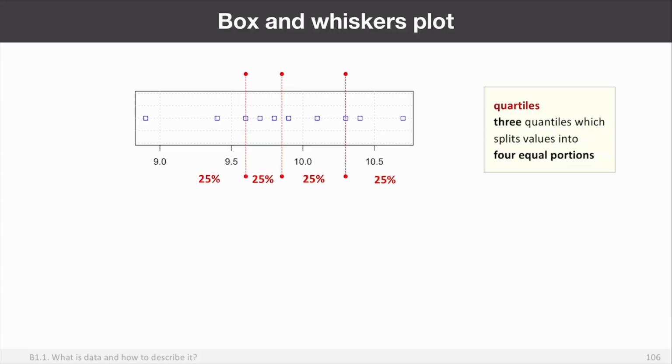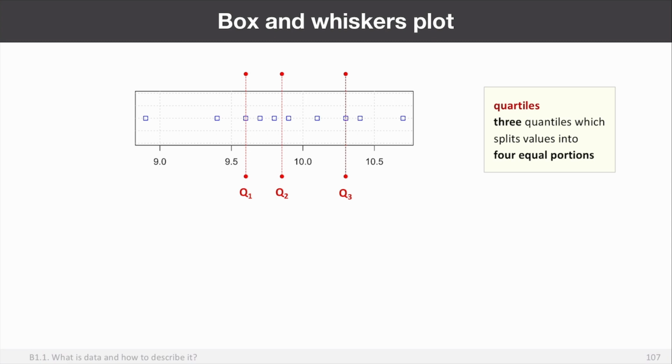The second way is based on quartiles. I'll just remind you, the quartiles are the quantiles that split your data into 25, 25, 25% portions of the amount of values. And you can also use these three statistics, together with min and max, to make another plot, which is called a box and whiskers plot. So the idea is the following. We will denote the quartiles as Q1, Q2, Q3.